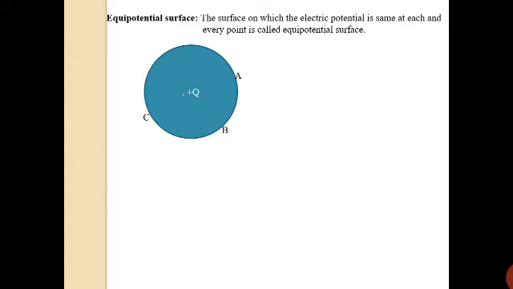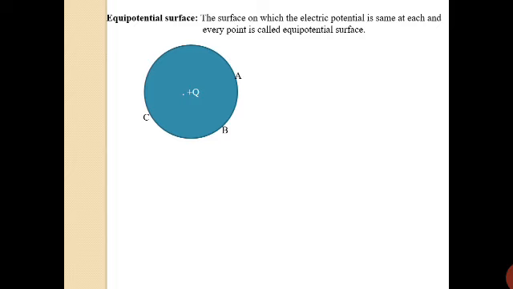So this thing you should again remember. If we have to find out at which point the electric potential is high or low, we basically see the distance from the main charge. If the distance is less from the main charge, the potential will be high. If the distance is more, the potential will be low. But if the distance is the same, then the potential will be the same.